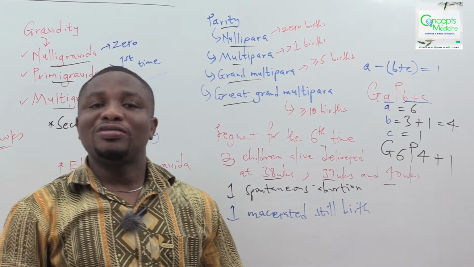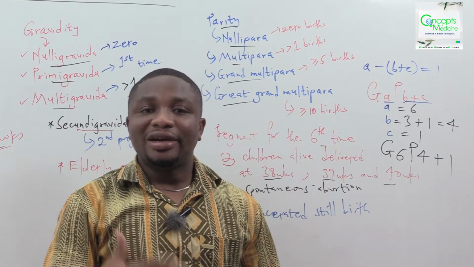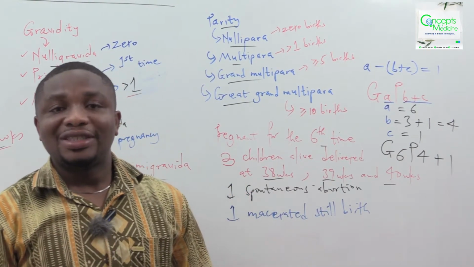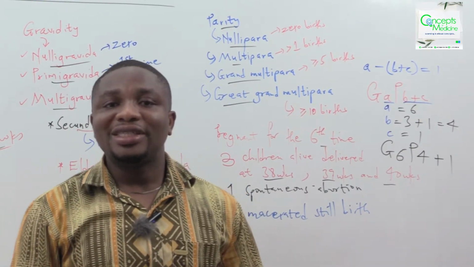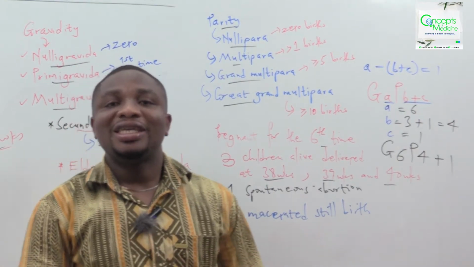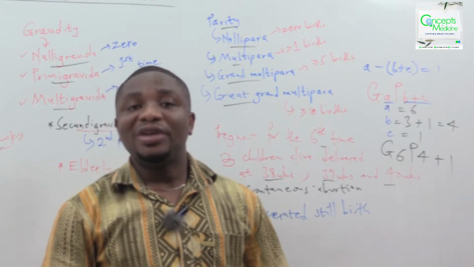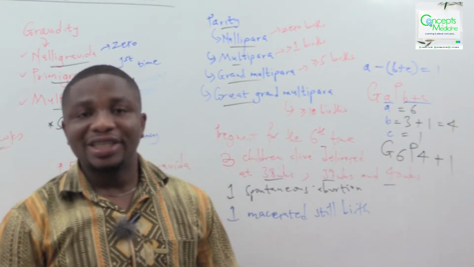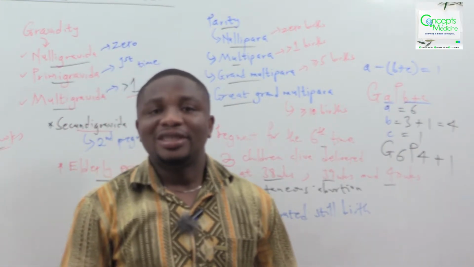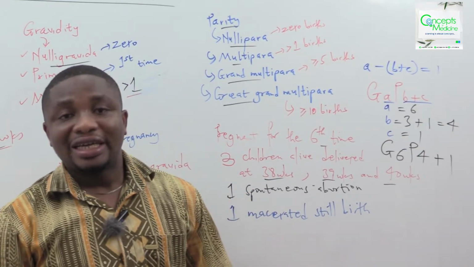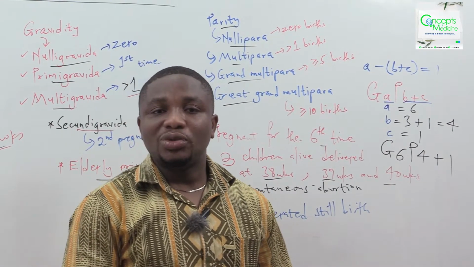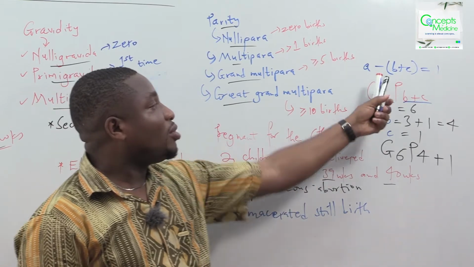If they are equal, no. Because the current pregnancy does not have an outcome yet, it cannot be included in the parity. Because parity, we said, refers to delivery beyond the viability age. So once it's not delivered, we don't have the clarity to add it to the B column.